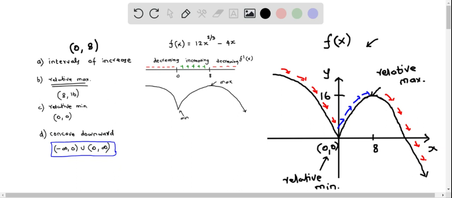I have also shown that the relative maximum is at (8, 16), and the relative minimum is at (0, 0), and the concave downward intervals, that is negative infinity to 0, as well as from 0 to infinity, it is concave downwards. So this is basically the sketch of the function f of x.